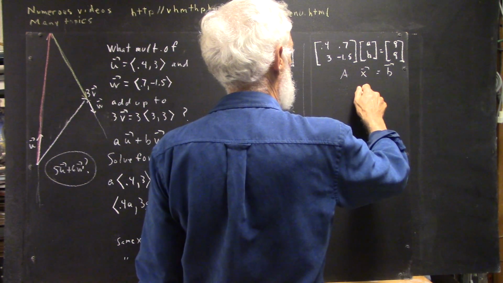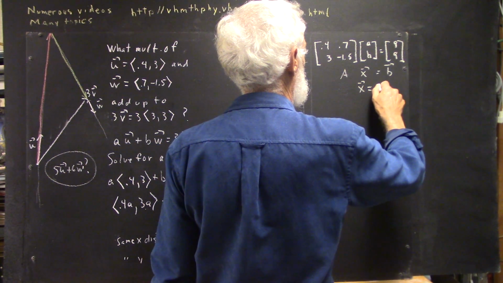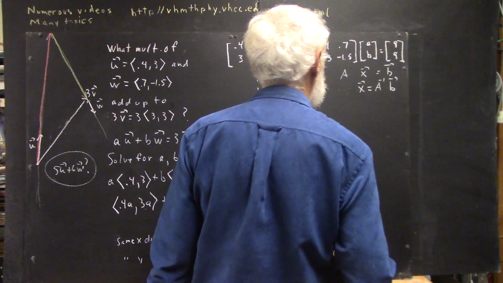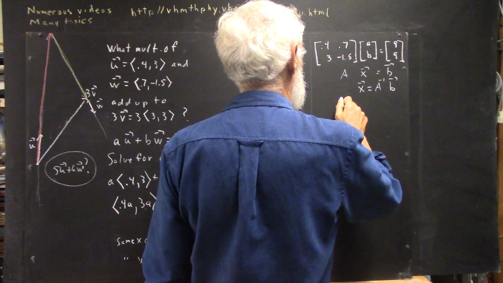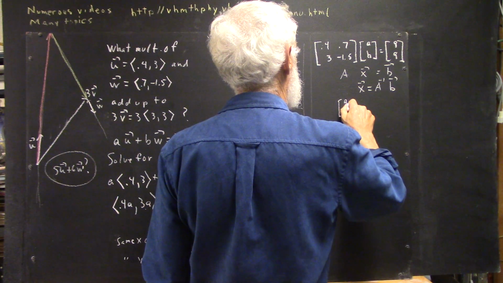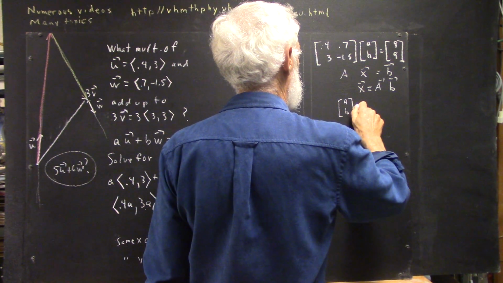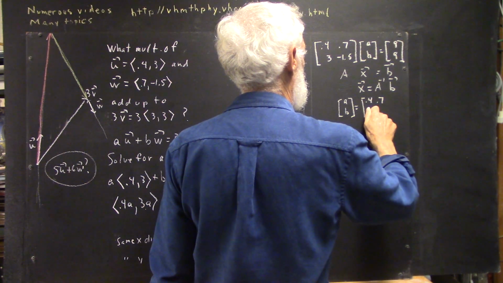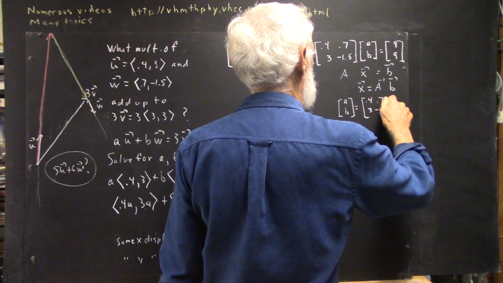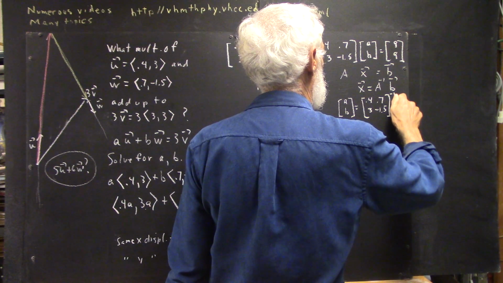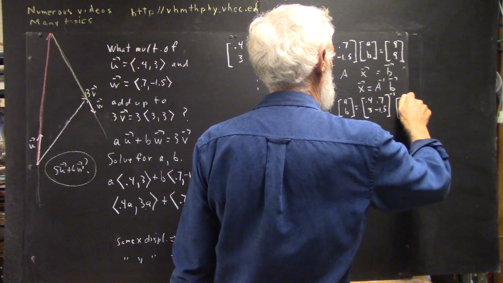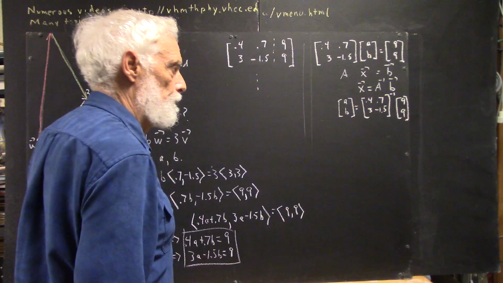So that X equals A inverse times B, so that the column vector AB equals the inverse of the 0.4, 0.7, 3, negative 1.5 matrix multiplied by the column vector 9, 9.